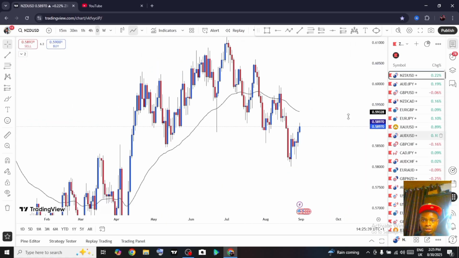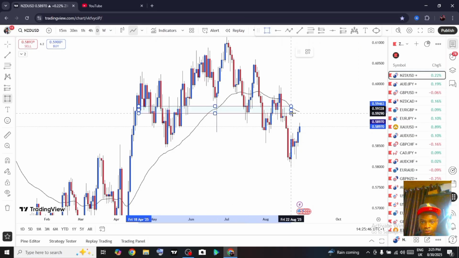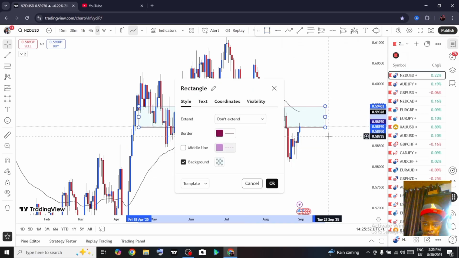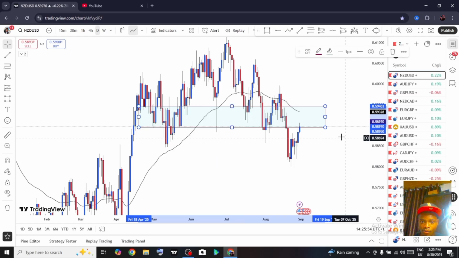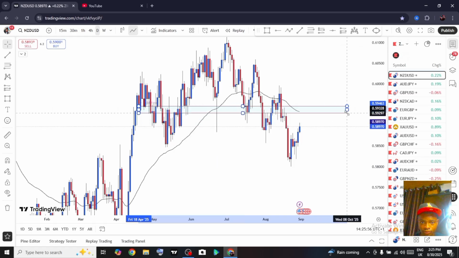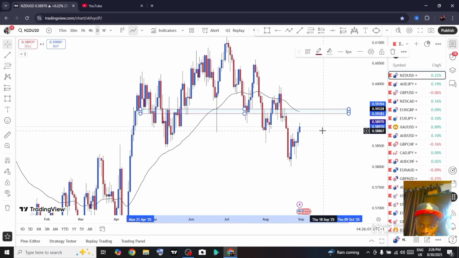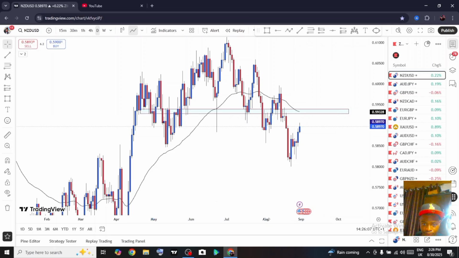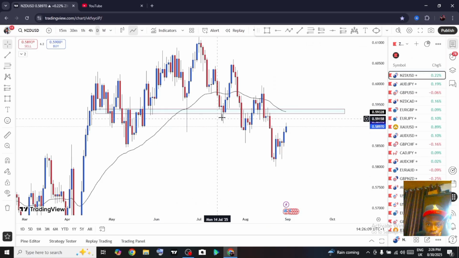So let's look for the area of interest. This area of interest is way too far.